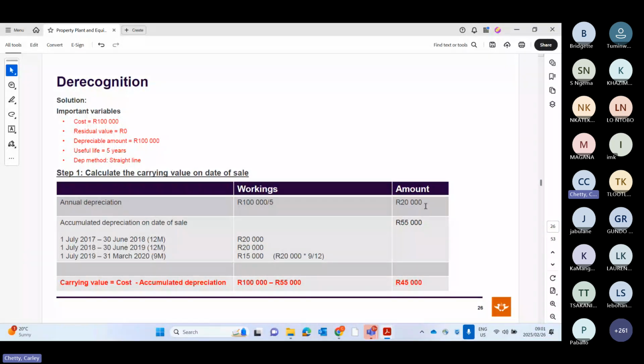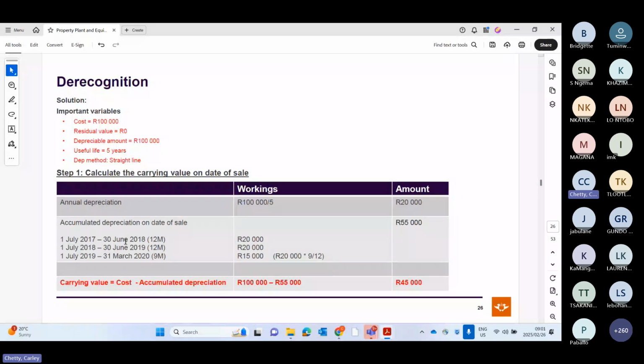So the asset was bought on 1 July 2017, and our year end is 30 June. So if we go from 1 July 2017, which was when the asset was purchased, to 30 June 2018, that is 1 year of depreciation of 20,000.